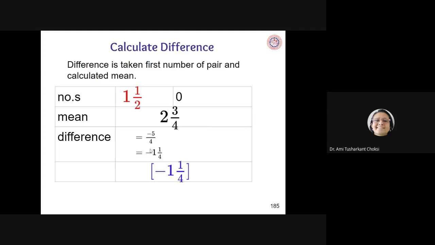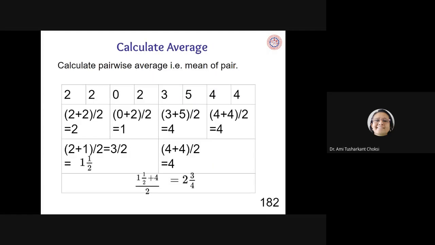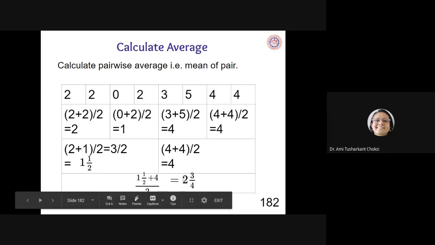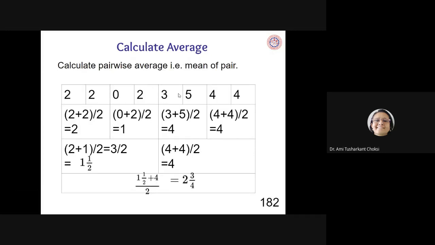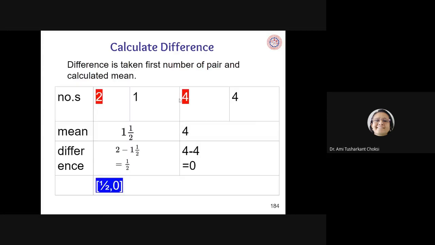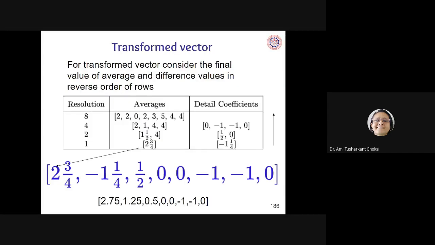That was the average we calculated. In the reverse order, we are writing that. Here this is 2 and 3 by 4, then 1.5, 4, then 2, 1, 4, 4.